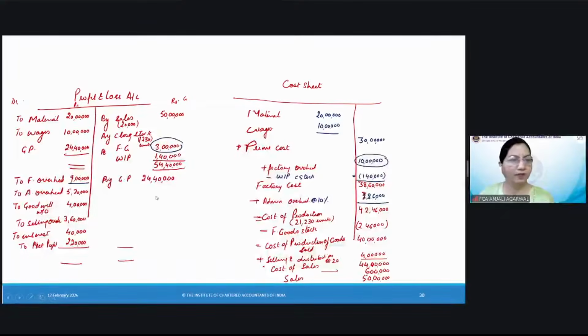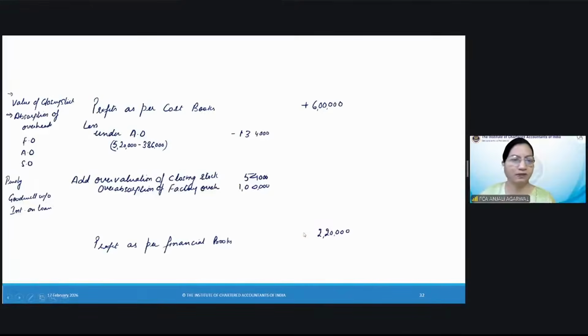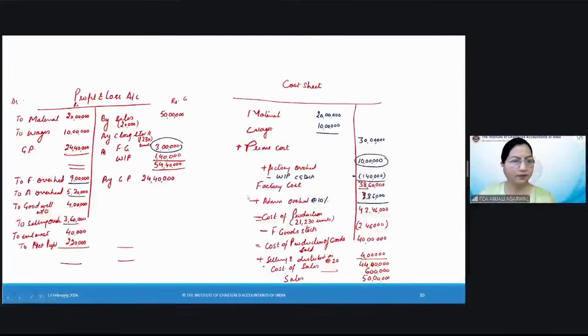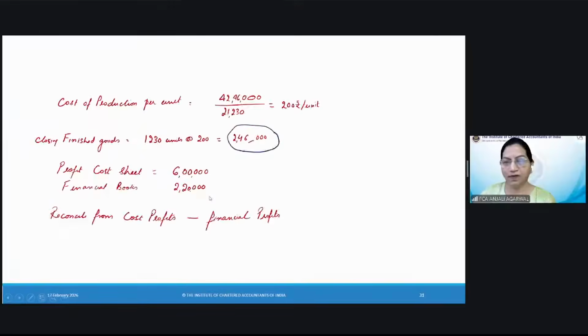Selling 360, selling 4 lakhs. Selling expenses are also over absorbed in costing. 360 and 4 lakh, by 40,000.